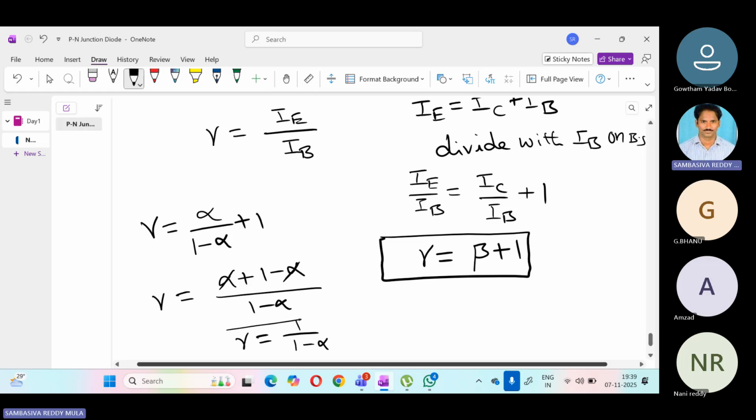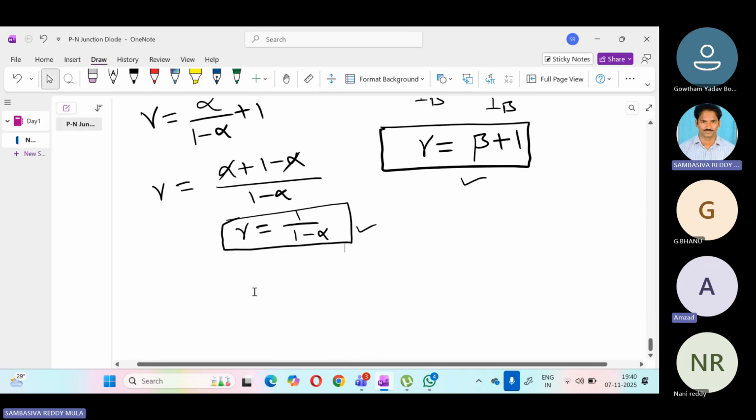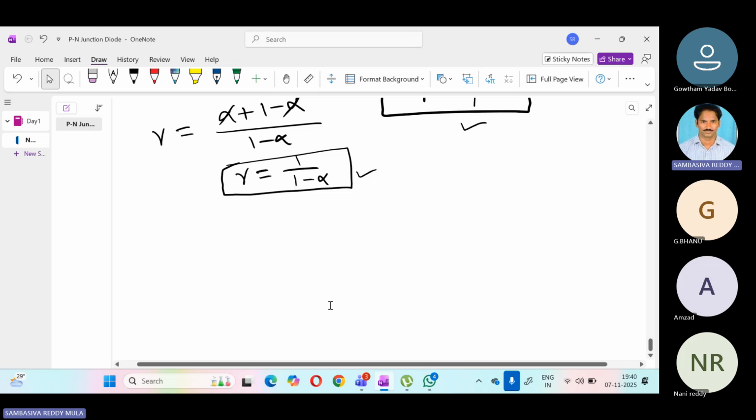Gamma is equal to 1 by 1 minus alpha. Gamma in terms of beta is gamma equal to 1 plus beta. These relations are very important while solving. These are the interrelationships. So if you have one of the parameters, we can find the other current gain factors.